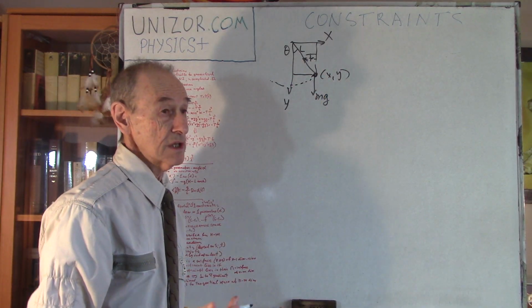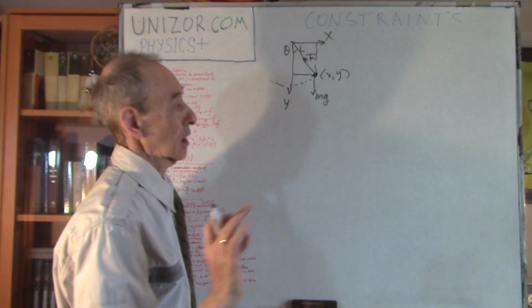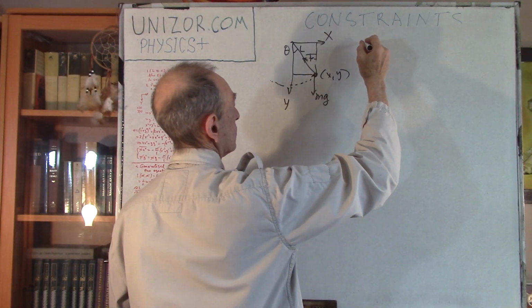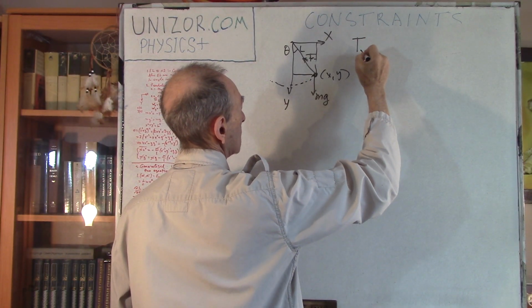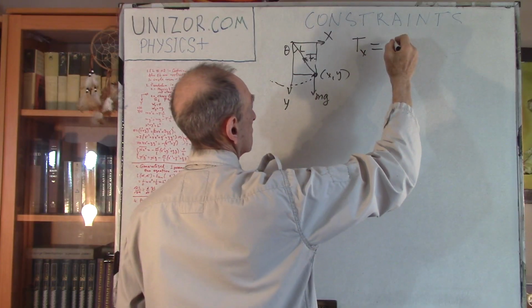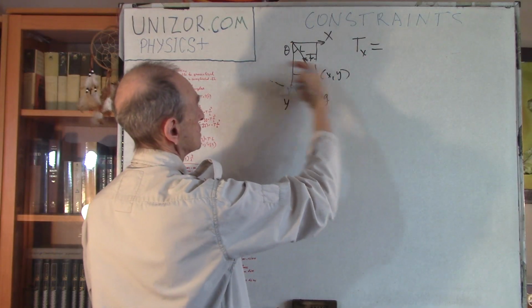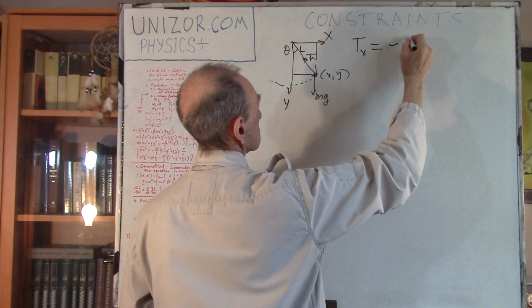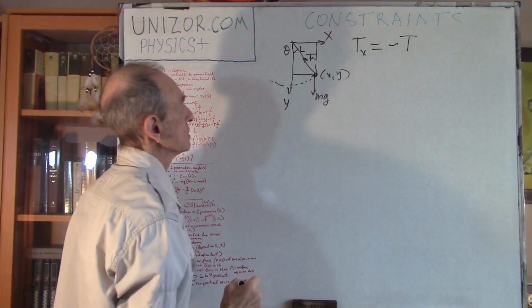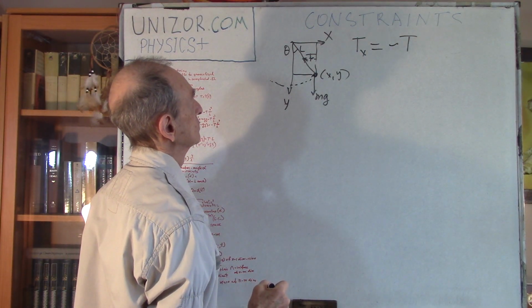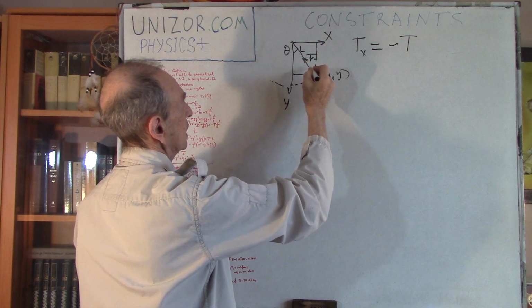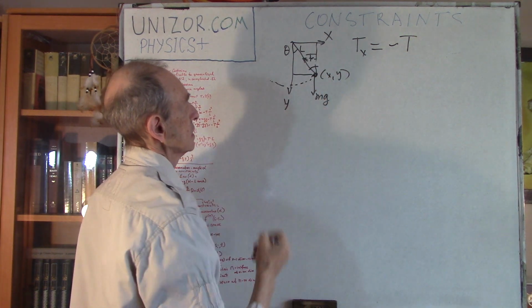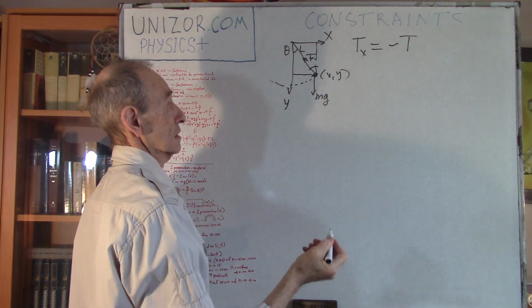Now, if T is the unknown magnitude of this vector, then the projection on the x-axis would be, well, first of all, it goes this way, so it's minus T times sine of theta, where this is theta. What's sine of theta?